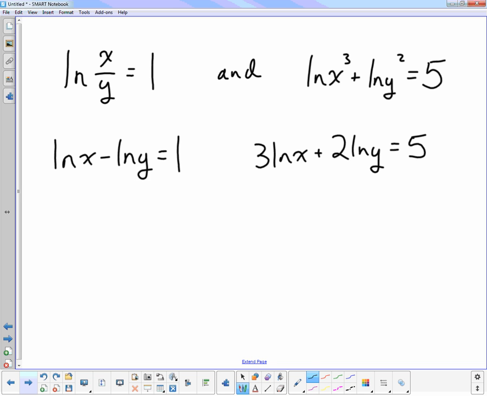You absolutely, if you wanted to, you could do that and you could rock and roll. Me, personally, I hate writing this same thing over and over again. When I did this myself, I made a substitution. I said, let A equal ln of x and B equal ln of y, and then it just becomes a snap.